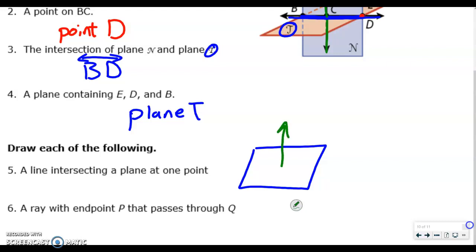So if I draw my vertical line, that would be a good example of that. And then number 6, a ray with endpoint P that passes through Q. So if it has an endpoint of P and passes through Q.